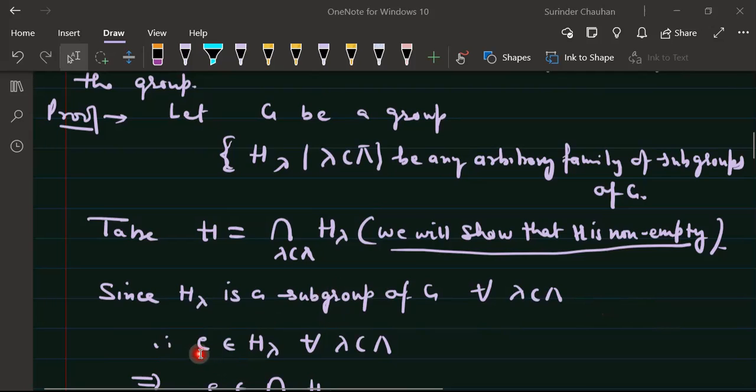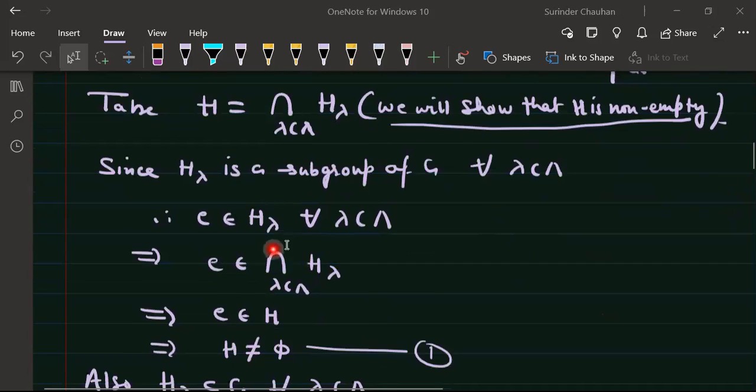So E belongs to H lambda for all lambda, meaning E is the identity element of all the subgroups. This implies E belongs to the intersection, so E belongs to H, which implies H is non-empty.